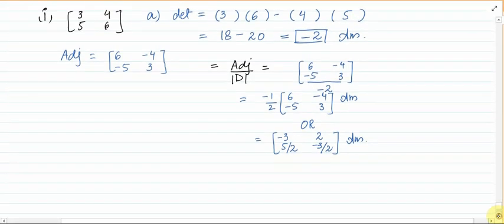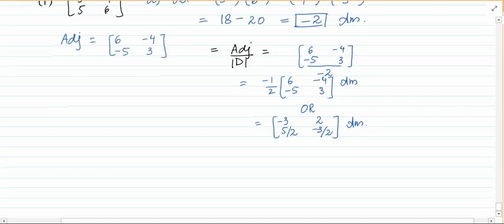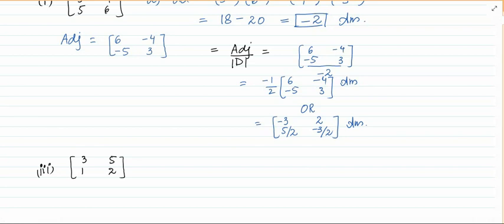After part 1, moving on to part 3. It says [3 1; 5 2]. The same concept, same method. First step, you need to find out the determinant.